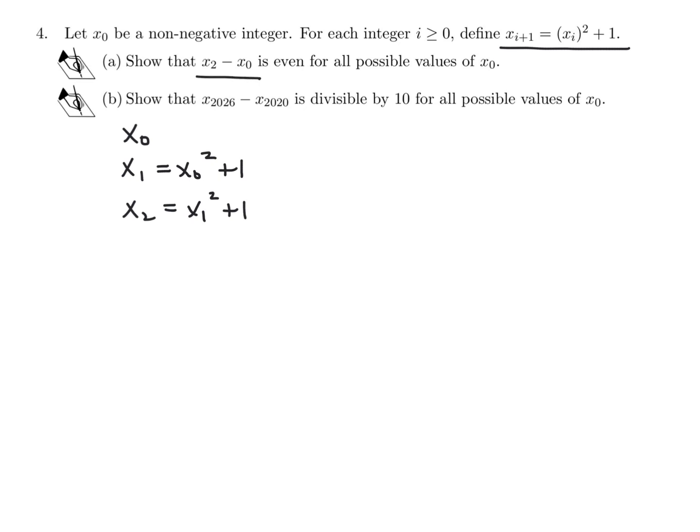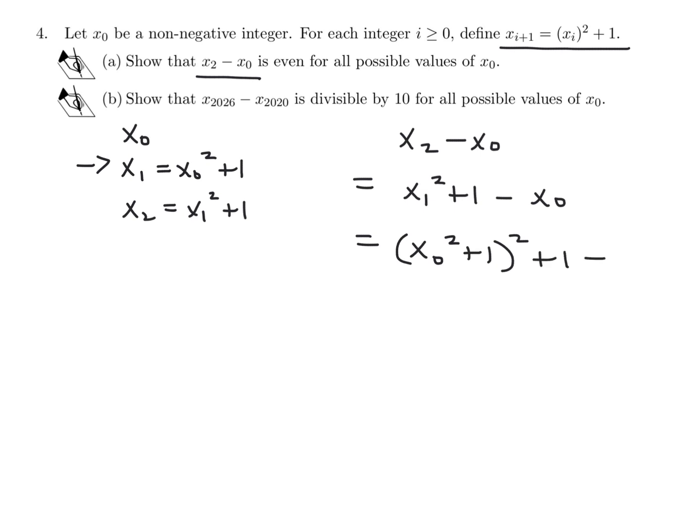So this guy, x2 minus x0, by definition, would be x1 squared plus 1 minus x0. Okay, let's get everything in terms of one variable if possible. x1 is this right here, so I can put that in: (x0 squared plus 1) all squared plus 1 minus x0.